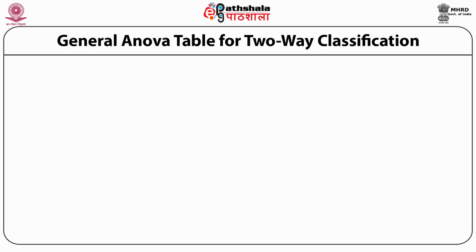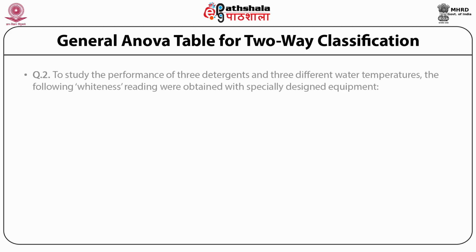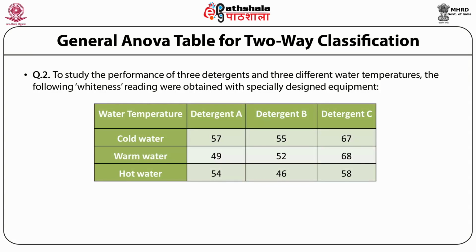Let's see another question in which again two parameters, or two attributes, or two variables are used. Look at this question. The question says, to study the performance of 3 detergents in 3 different water temperatures, the following whiteness readings are obtained with specially designed equipment. If you see this table, on the column side it shows detergent A, detergent B and detergent C. So this is one attribute, a category of detergents.